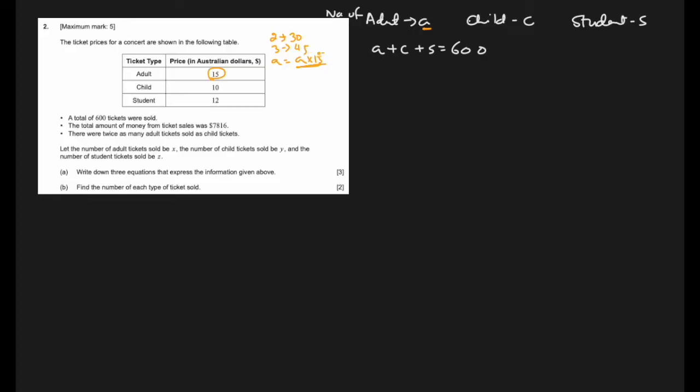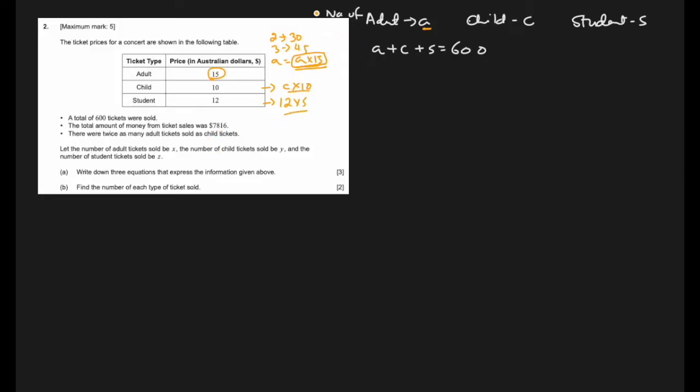And this is the amount earned from selling those tickets. Similarly, the amount earned from children will be C times 10, which is 10C, and this will be 12 times S. And the total amount, this amount plus this amount plus this amount, is 7816.